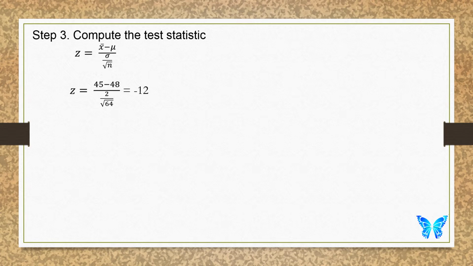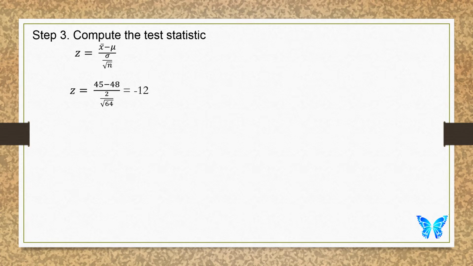Our standard deviation is 2 months, over the square root of n, which is our sample size, 64. Using our scientific calculator, we obtain a z value of negative 12.